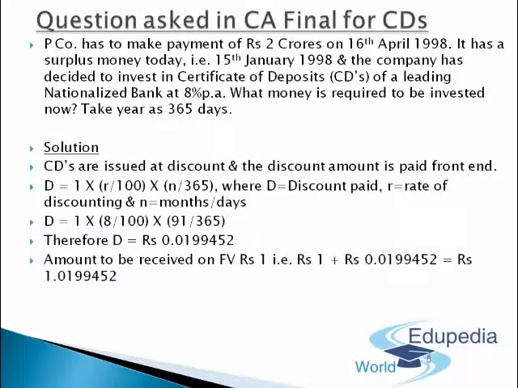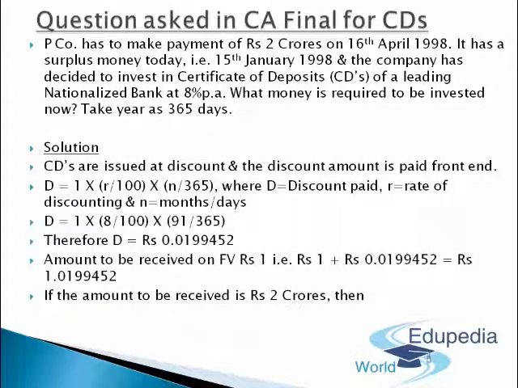Amount to be received on face value rupees 1 is 1 plus rupees 0.0199452, which is equivalent to rupees 1.0199452. That's how it works in case of CDs, that is certificate of deposits.